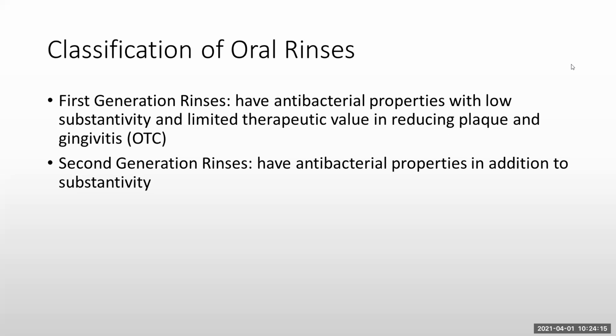Okay, so we've got certain classifications of oral rinses: first generation and second generation. The first generation have antibacterial properties with low substantivity and have very limited therapeutic value in reducing plaque and gingivitis. And those typically are the over-the-counter preparations. Very low substantivity. Second generation rinses have antibacterial properties in addition to substantivity.